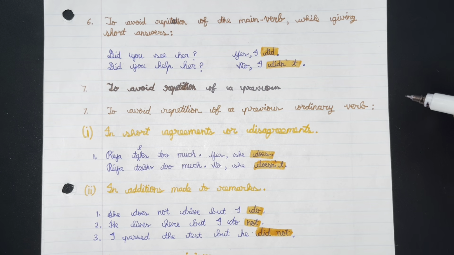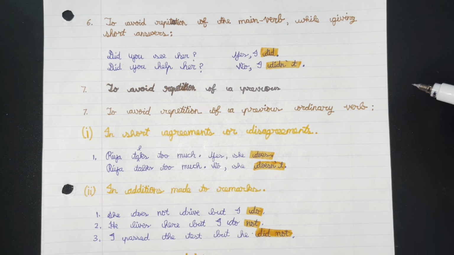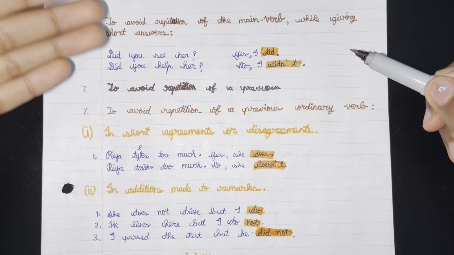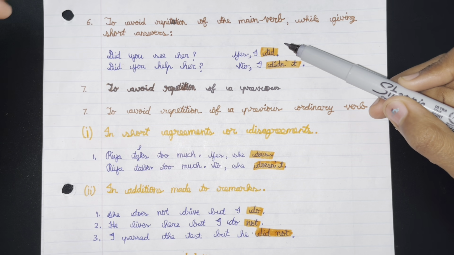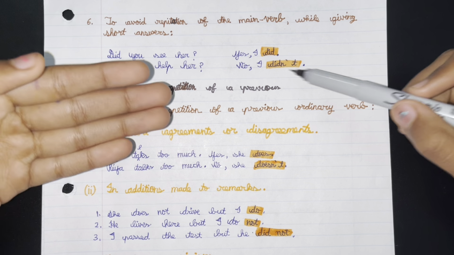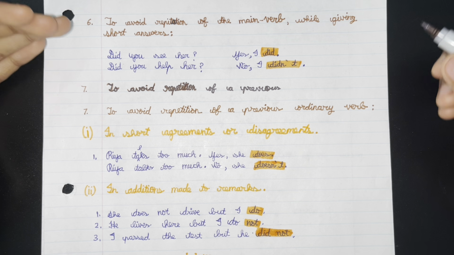Sixth function, to avoid repetition of the main verb while giving short answers. For example, there's a question and then you're answering that. You don't have to repeat the main verb in the question. Instead, you could use did in this place. For example, did you see her? Yes, I did. You could just say, yes, I did, instead of giving a big answer like, yes, I did see her.